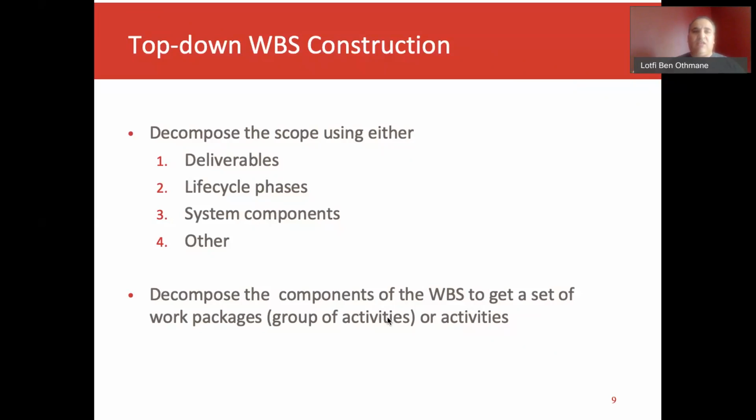You might use any logic for the decomposition of the system that you see appropriate. But in this course we're going to focus mainly on the first two decompositions, the deliverables and the life cycle phases, because we know that information and it's easy.